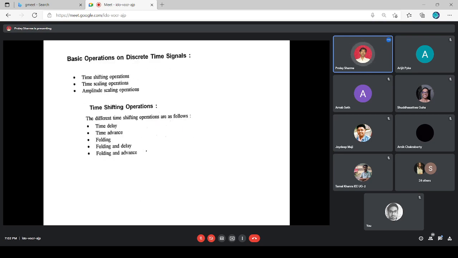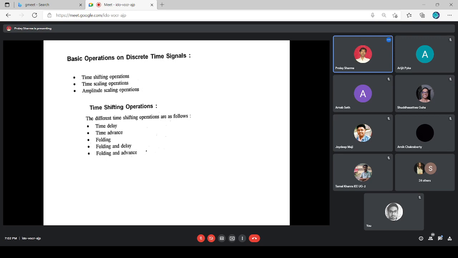And next is the scaling, or different operations we can perform on signal. What are the different operations we can perform? We can shift the signal in time scale. We can scale the signal.